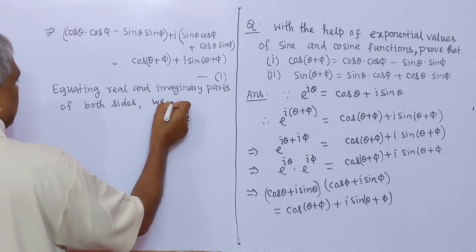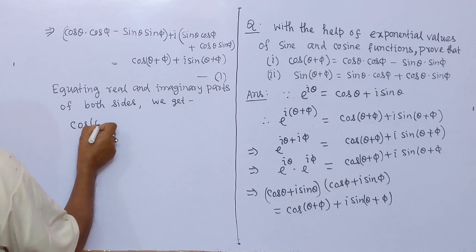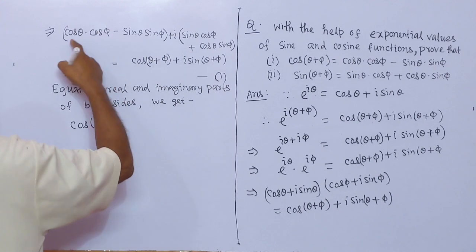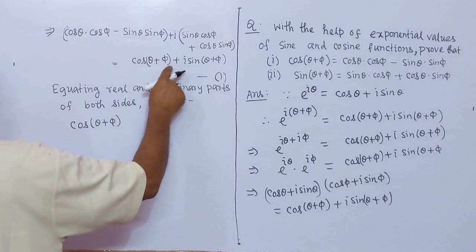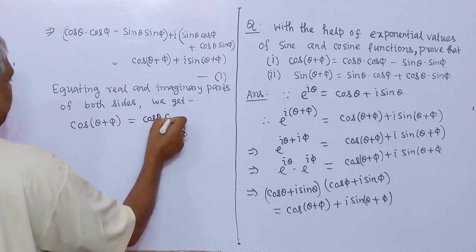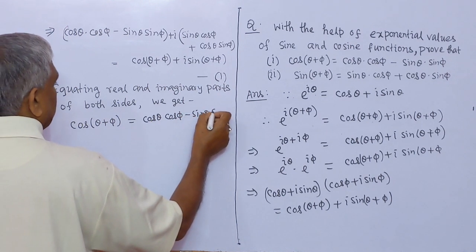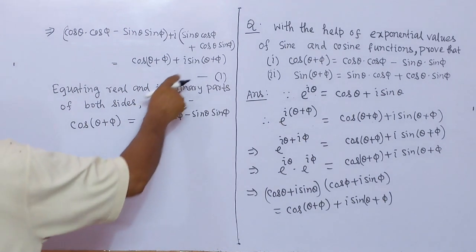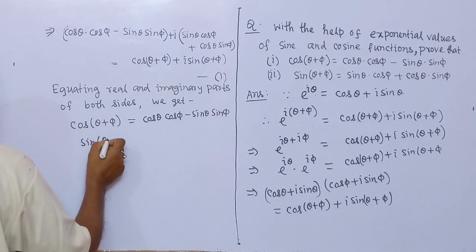We get cos(theta plus phi). This is the real part on the left side, and this is the real part on the right side. So this will be cos theta cos phi minus sin theta sin phi, and the imaginary part of the right side is sin(theta plus phi).